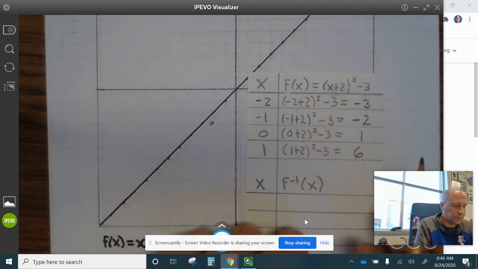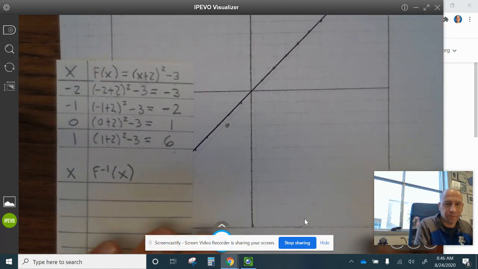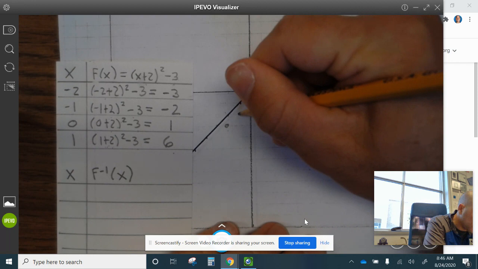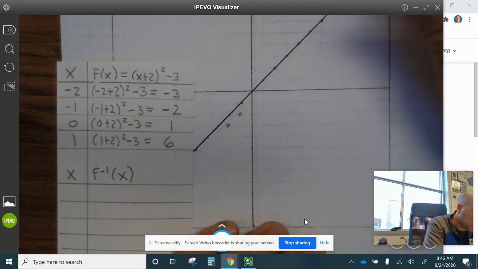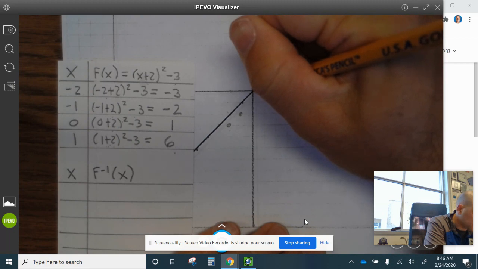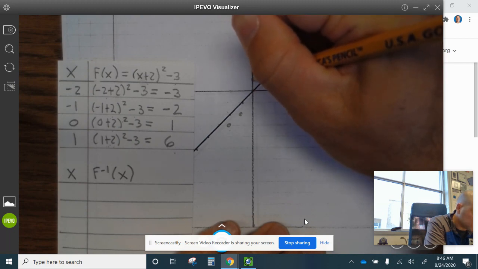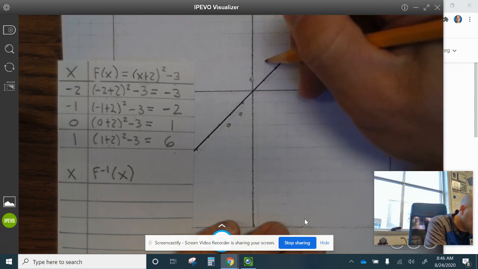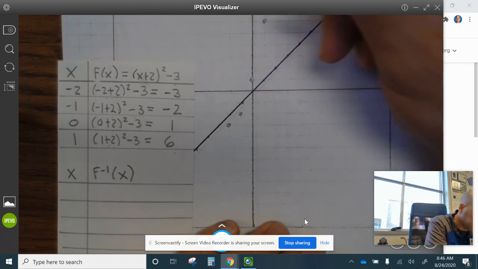So negative 2, negative 3. So negative 1, negative 2. 0, 1. And then 1, 1, 2, 3, 4, 5, 6.